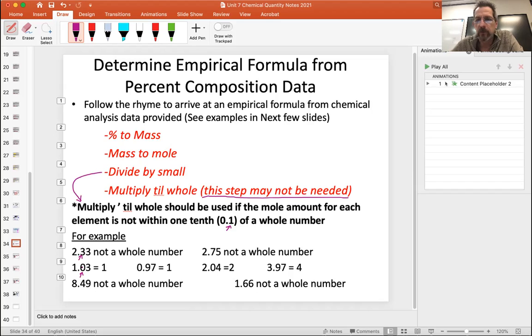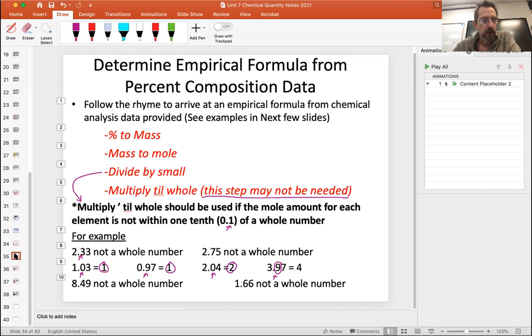That's pretty much the whole number 1. 0.97 is certainly within 1/10 of the whole number 1. 2.04 is certainly within 1/10 of the whole number 2. This just gives you a rule of thumb to help you along a little bit. This isn't really etched in stone. 3.94 is within 1/10 of the value 4, so we'll accept that as the whole number 4.